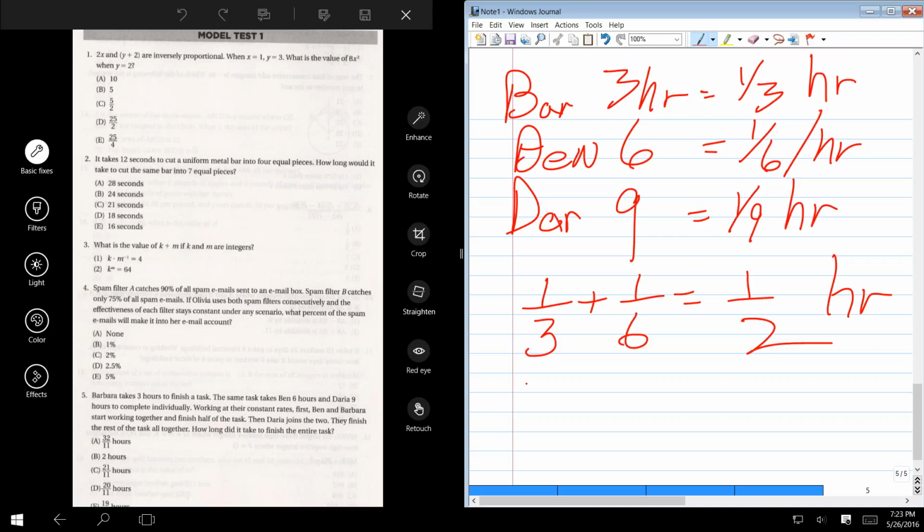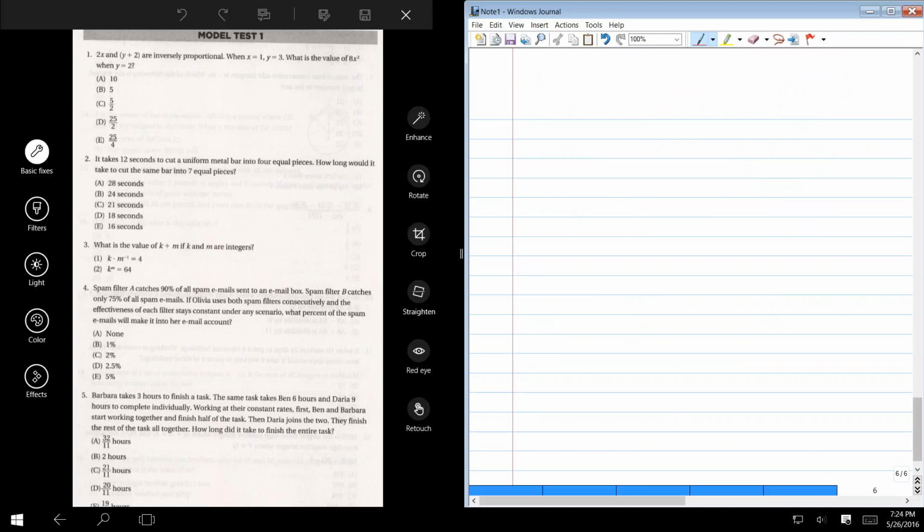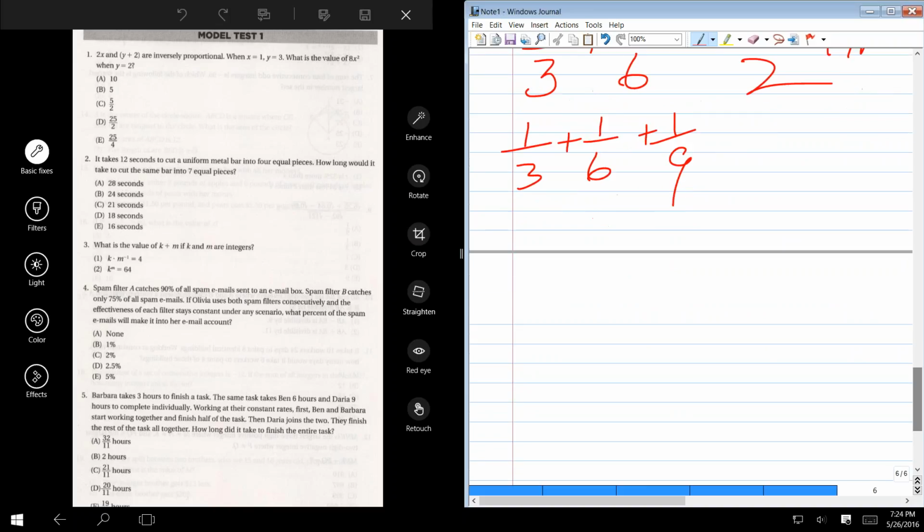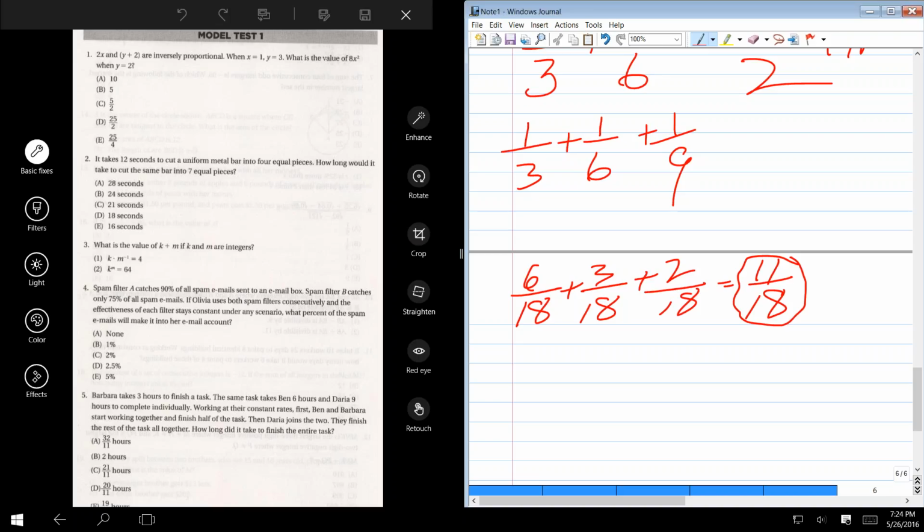And that's going to be 1/3 plus 1/6 plus 1/9. 18 is the common denominator, so 6/18 plus 3/18 plus 2/18. So they're going to be able to do 11/18 of the house in 1 hour.